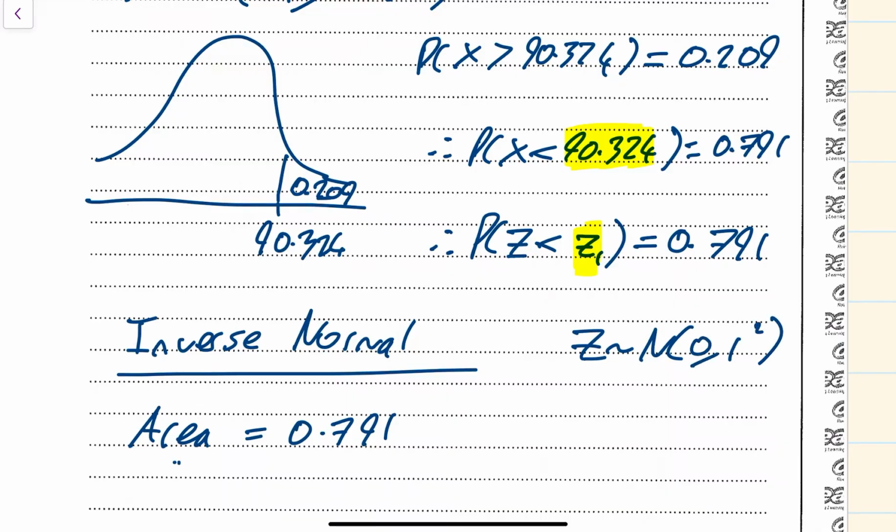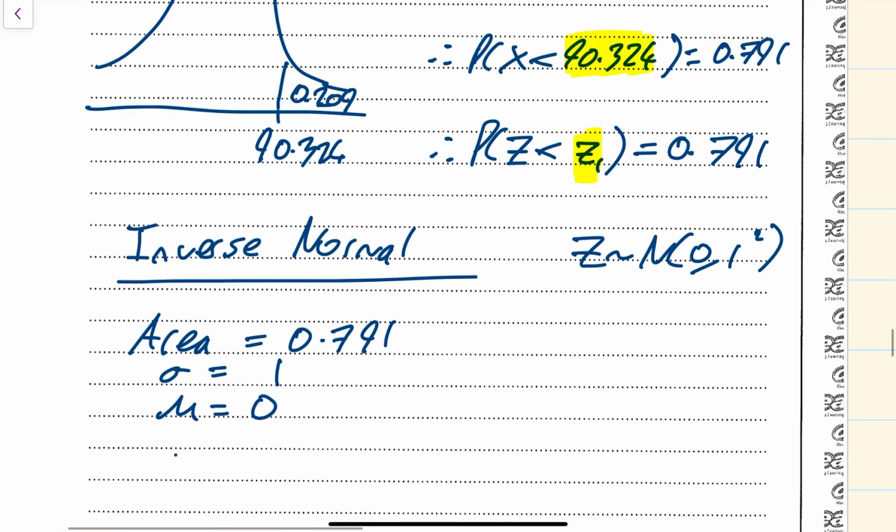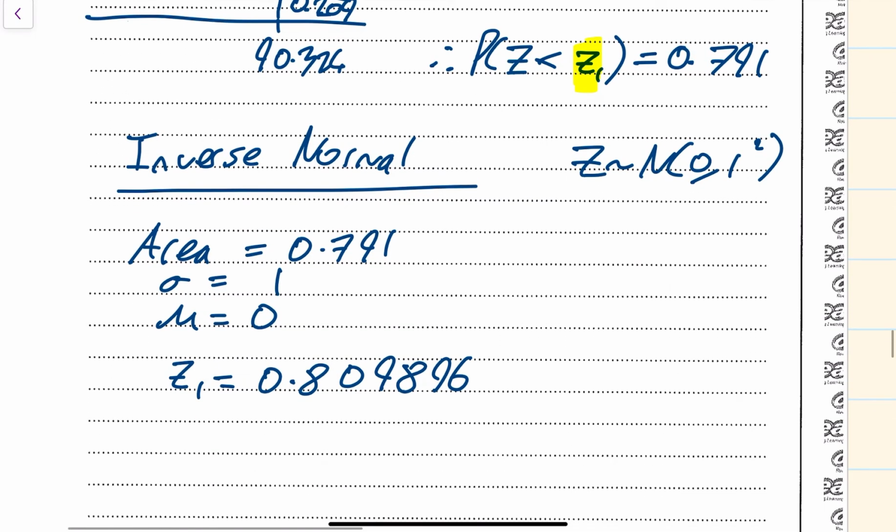So my sigma is equal to 1, my mu is equal to 0. When I put that in, I got Z1 to be, I've used a whole pile of decimal places, 0.809896. And then we use our conversion formula, Z equals X minus mu all over sigma.